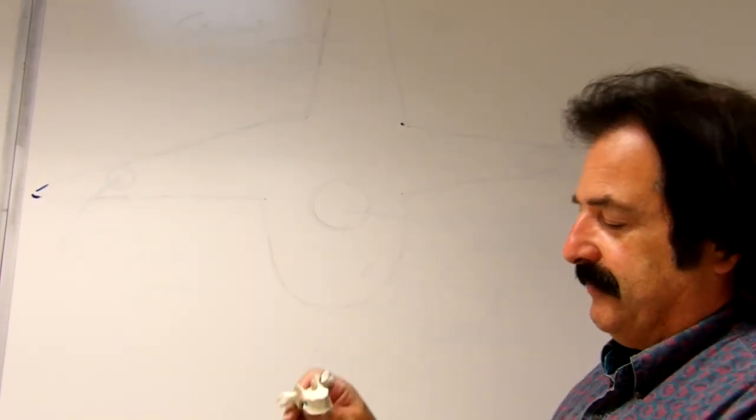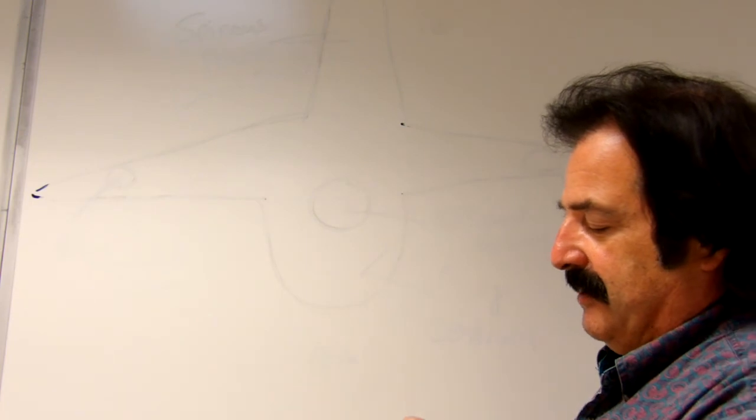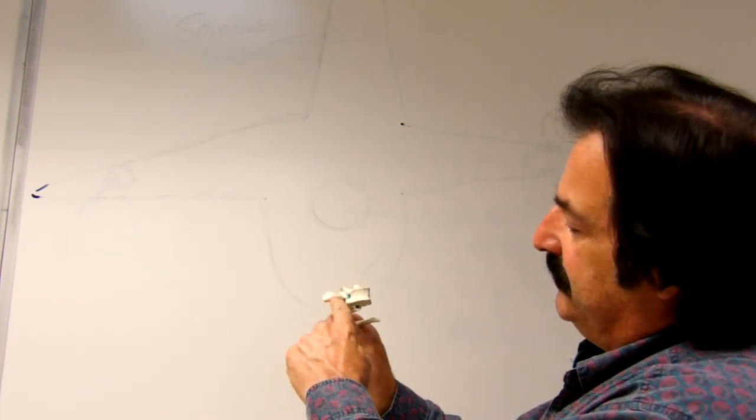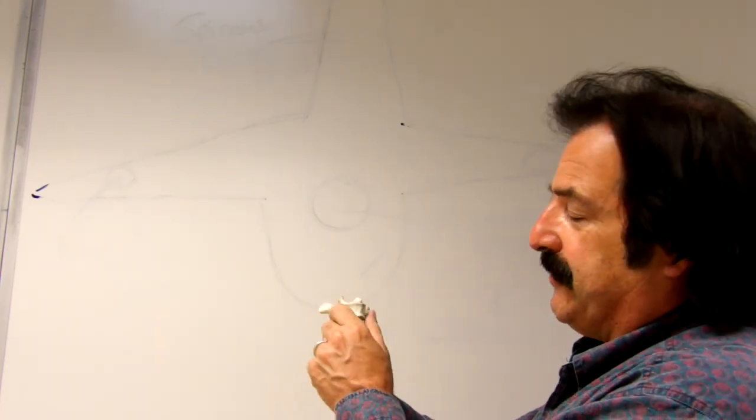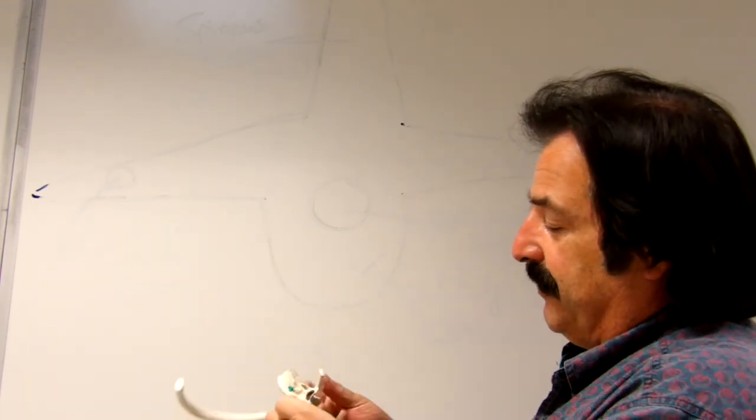There's a picture of this in your book. If you follow it, find thoracic vertebra. It's not too hard to find. But you have this little transverse process on the vertebra.